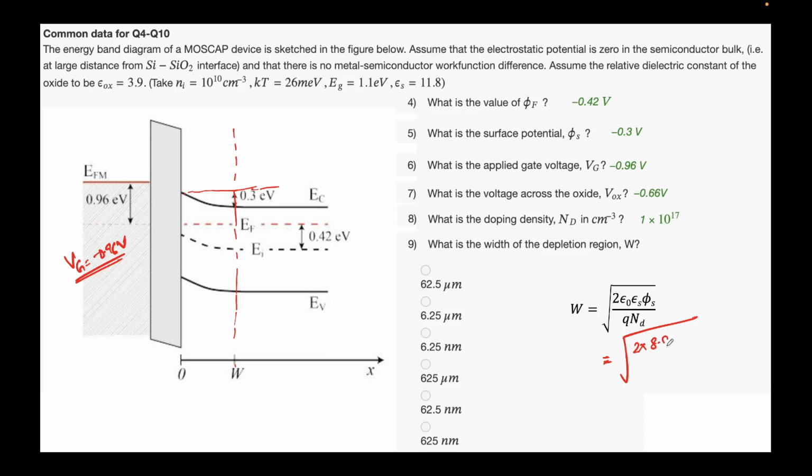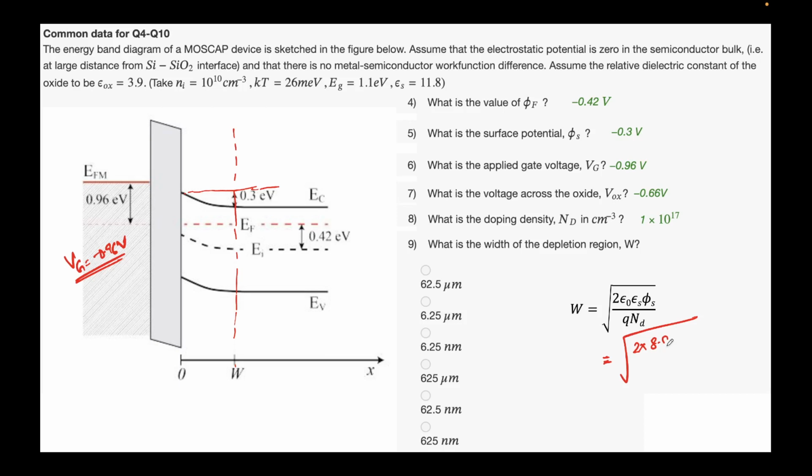Let me again try to find out what this is. 2 into 8.85 into 11.8 into 0.3 divided by 1.6. This is 39, and the square root of 39 would be 6.25. Power would be 14 here, and minus 2.